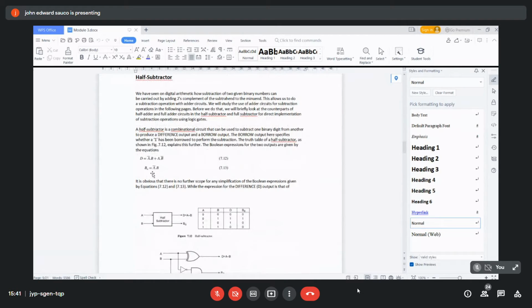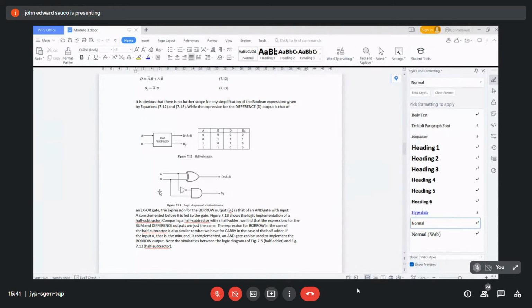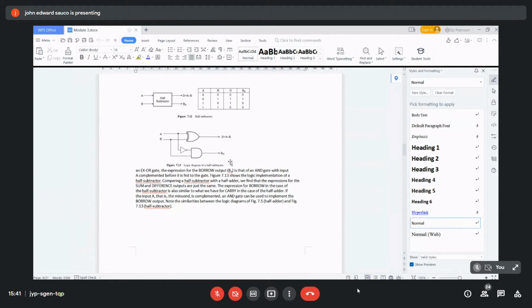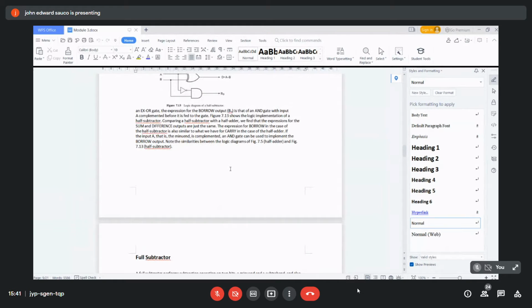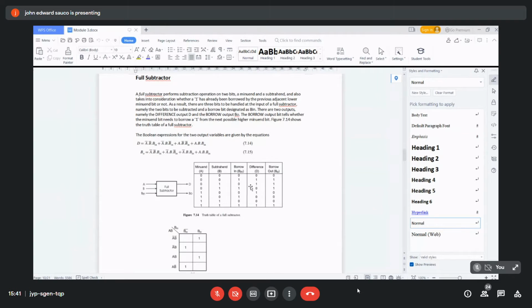Okay? So, ito yung kanyang truth table. Then yung kanyang figure. And ito yung kanyang logic diagram. Kaibahan nga lang is yung inverter, punta sa AND gate. So, yung full subtractor naman is yung 3 bits.